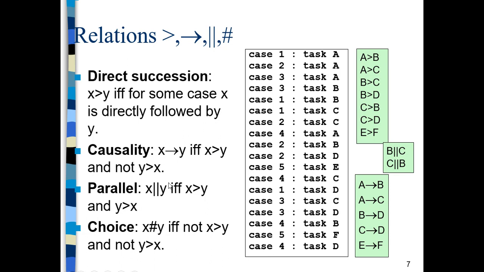If two activities can be done in parallel, then in some scenarios X comes before Y, and in some scenarios Y comes before X. We have to add both scenarios for ProM to understand that these two activities X and Y are in a parallel relationship. And the last one is choice.